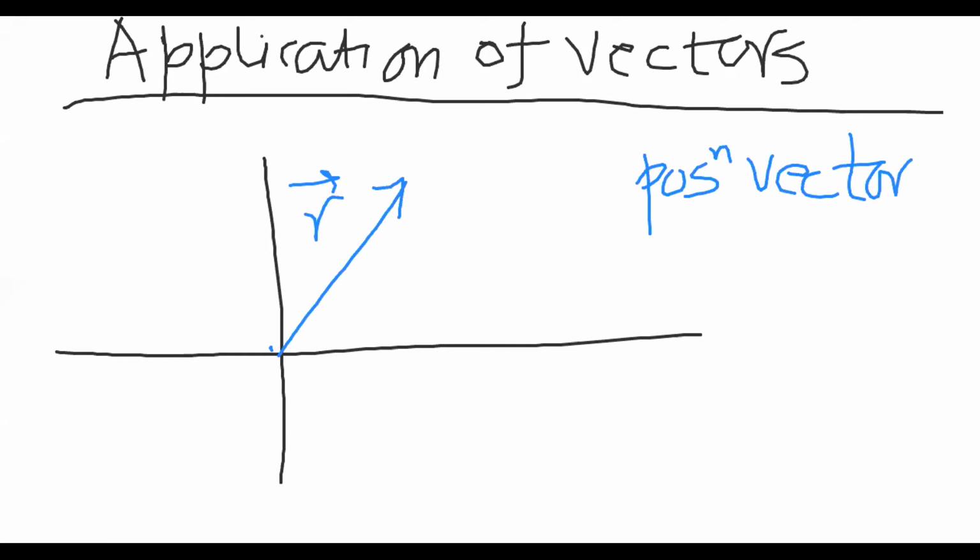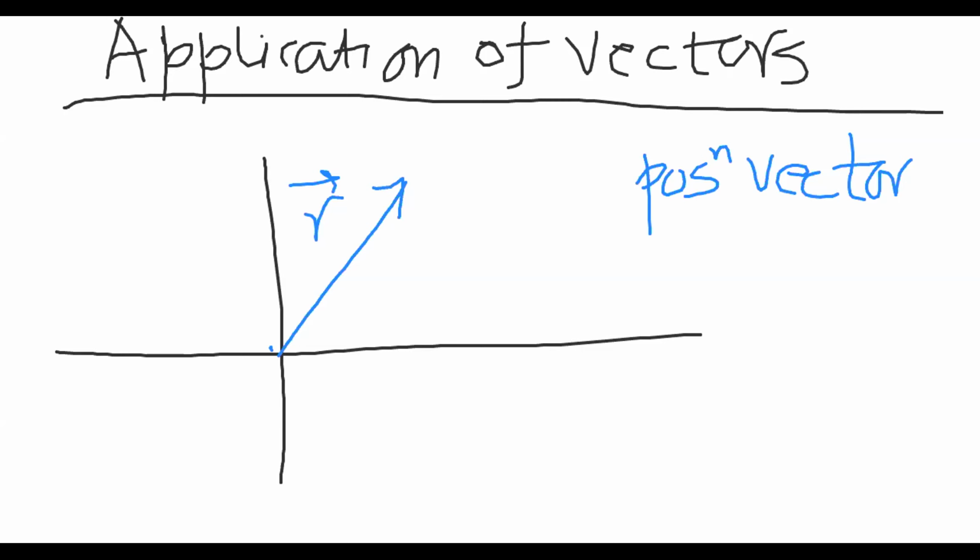Which, as the name suggests, is telling us about the position of a particle in space, right? So this is a conscious choice that instead of telling you the coordinates of the particle, I will tell you the position vector of the particle. Essentially, these two things are exactly the same.